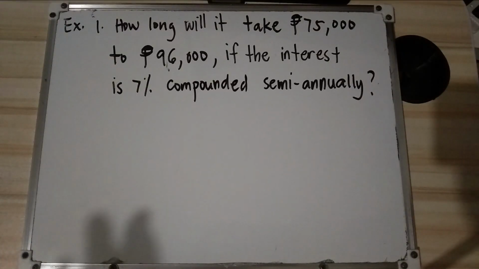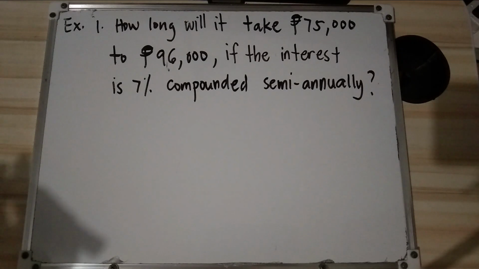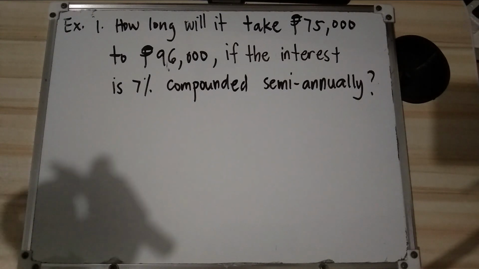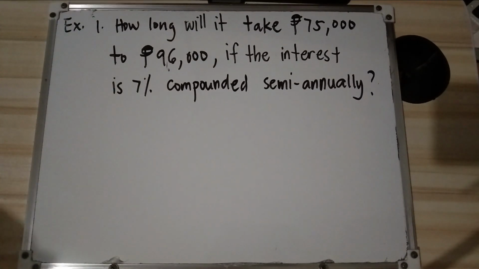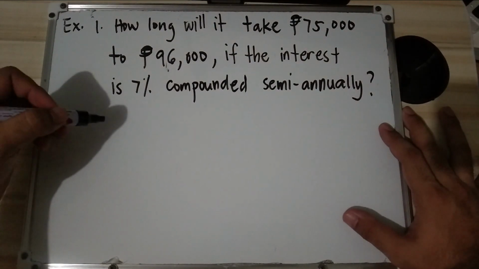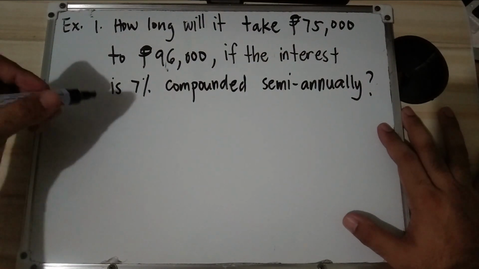Example, how long will it take 75,000 pesos to grow to 96,000 pesos if the interest is 7% compounded semi-annually? So, ang tinatanong, how long? Ang hinahanap dito ay yung T. Okay, yung time. So, isa-isahin natin yung given.